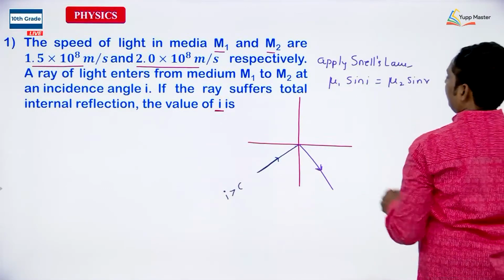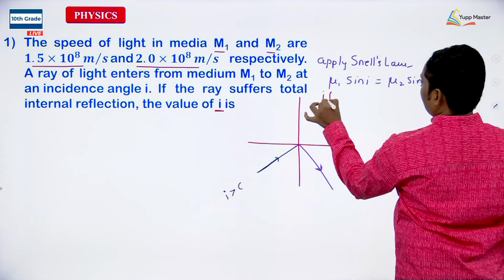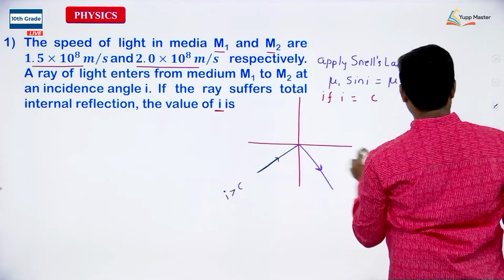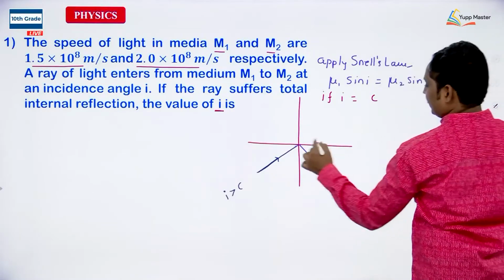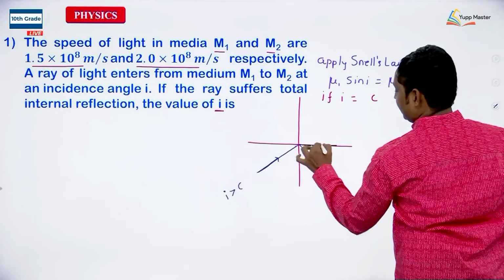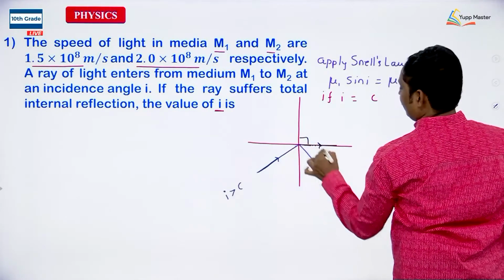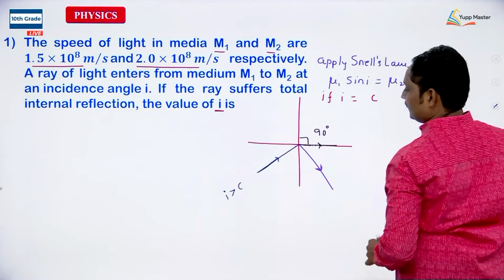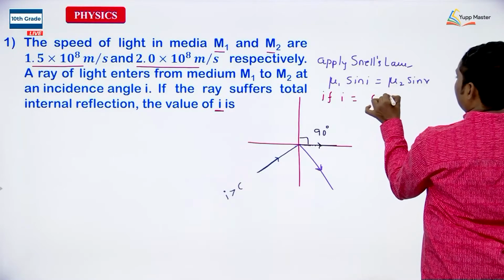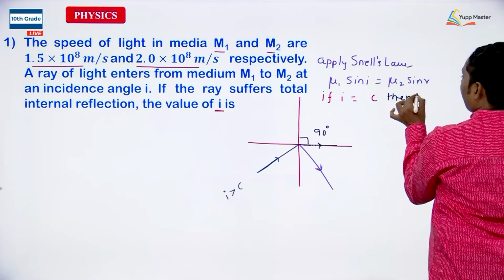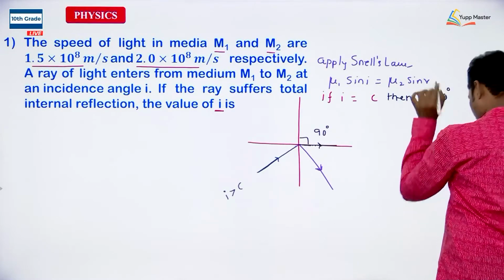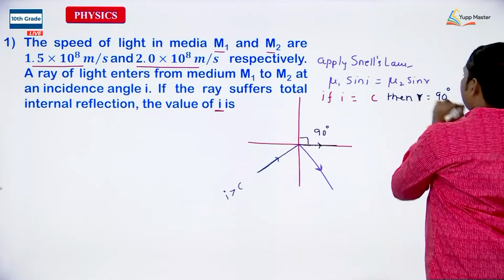If I is equal to C, then you are going to observe that the angle of refraction is going to be 90 degrees. If I is equal to C, then R is equal to 90 degrees.